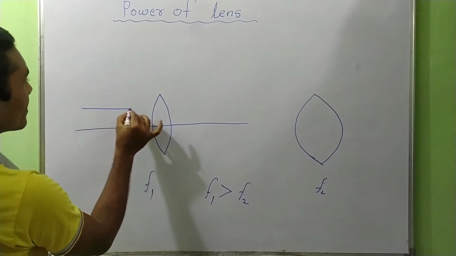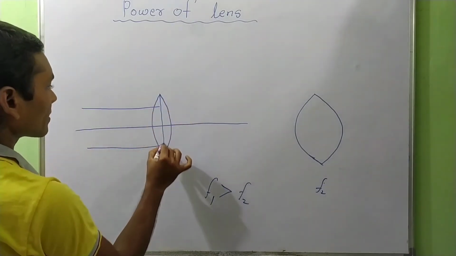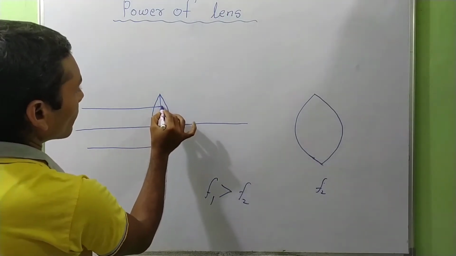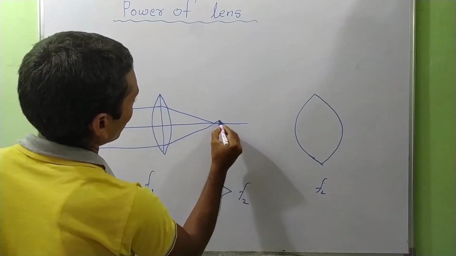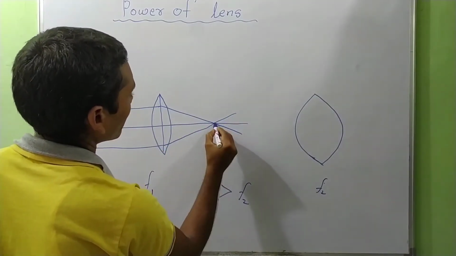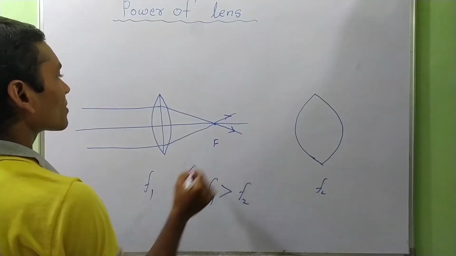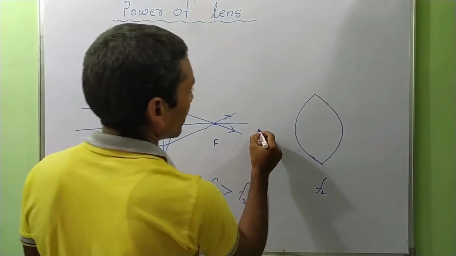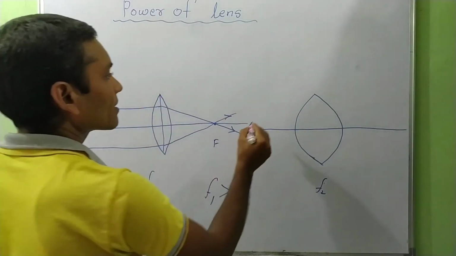if the light rays are parallel to the principal axis, then the light rays will converge at a point on the principal axis, like this is the principal focus for thin lens, and similar for thick lens.